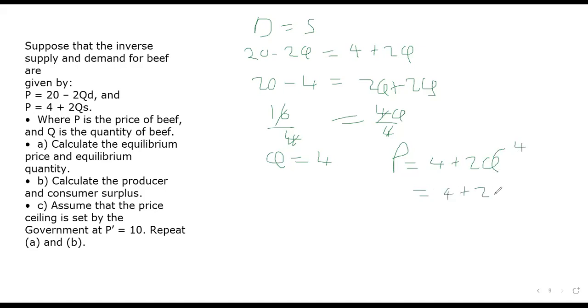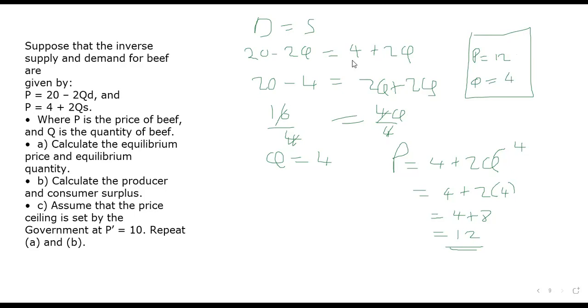So that would be 4 plus 8, which is 12. Okay, so we can draw a small box there. Our price is 12. Our quantity is 4.